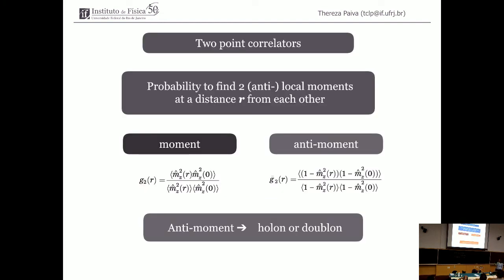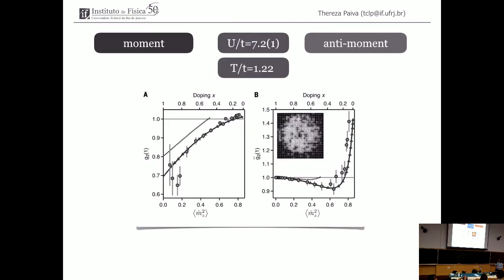I don't know if people are hungry or not, but when we are looking at this bunching and anti-bunching, we looked at two-point correlations, moment and anti-moment. Anti-moment meaning you don't have a moment at a distance r. So what happens is the moment correlation looks like that.